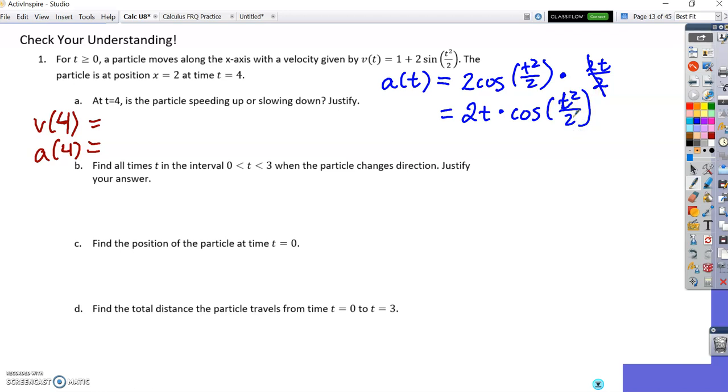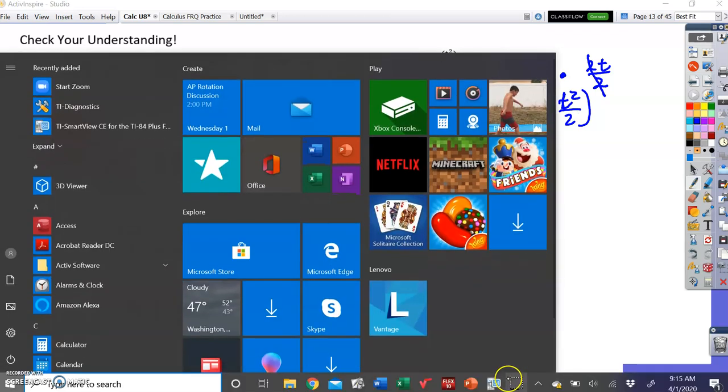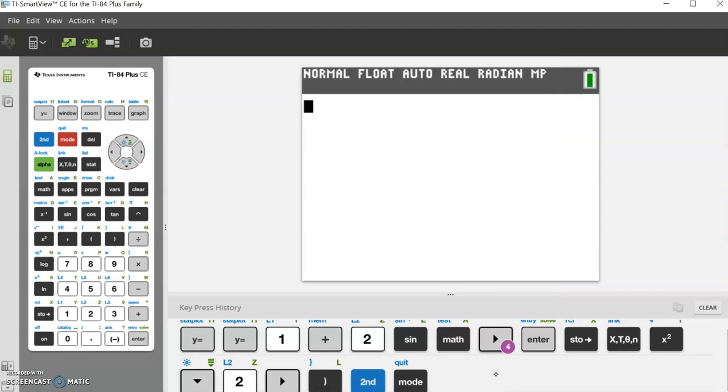Now, I would find these answers by plugging into the originals. Both of these are a little bit obnoxious to plug into. I'm going to let my calculator handle that for me, and I'll show you how to do that. But you would plug in by hand the long way. You'd get an answer, but it's really complicated mathematics, and so they would probably expect you to be using a calculator for this.